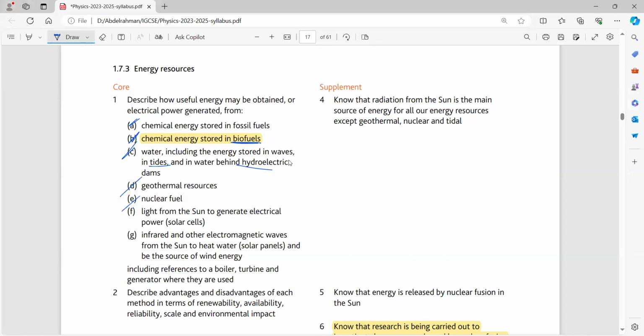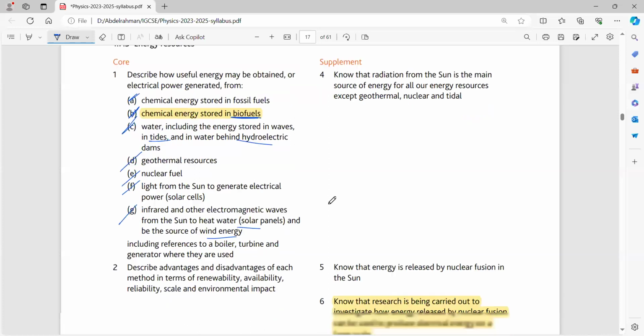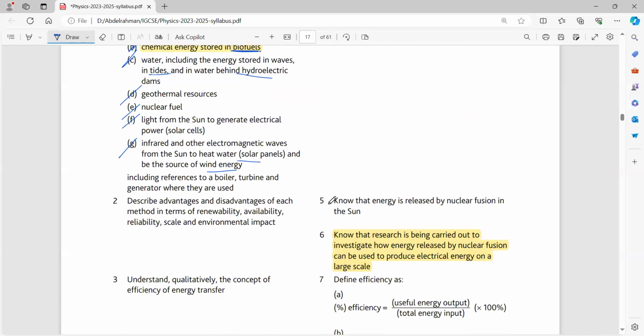Geothermal, nuclear, light from the solar cells, infrared and solar cells, and the wind energy. Again, we have to remember that we have a turbine and a generator.